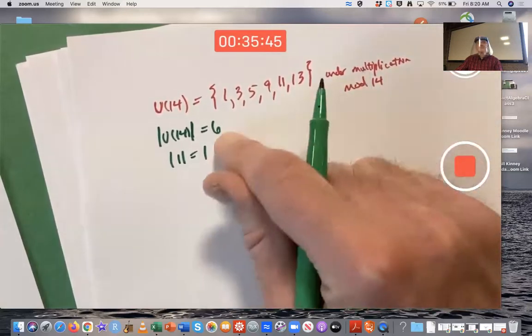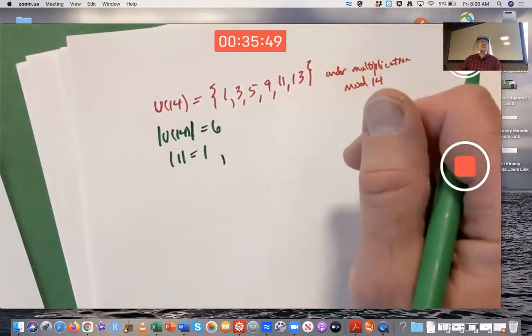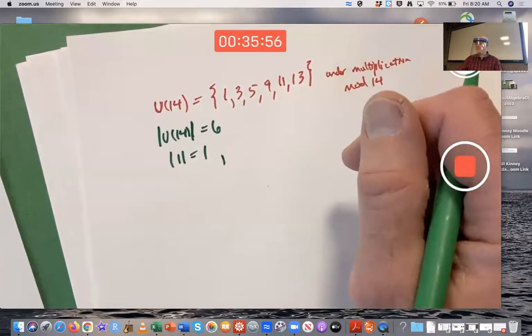So yeah, 1 divides 6. For these other elements, whatever their orders are, they have to divide 6. So they can only be 2, 3, or 6 for their other orders. Can't have an order of 4 or 5 here.